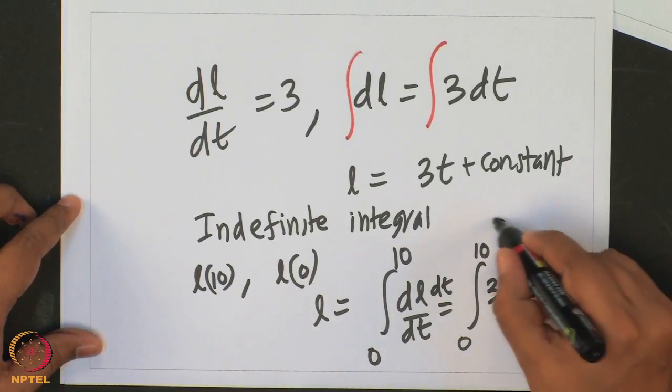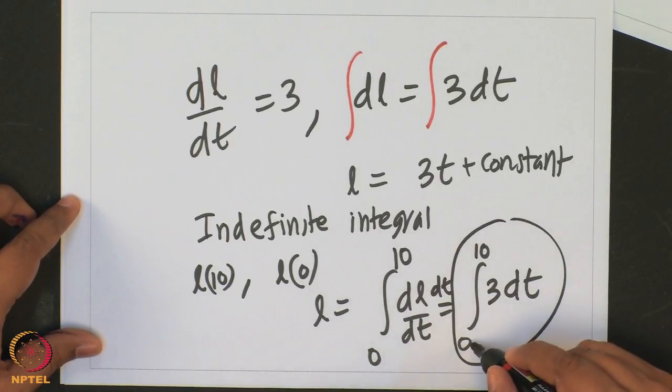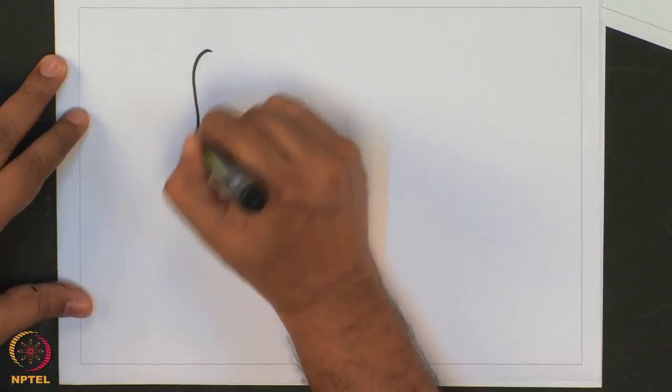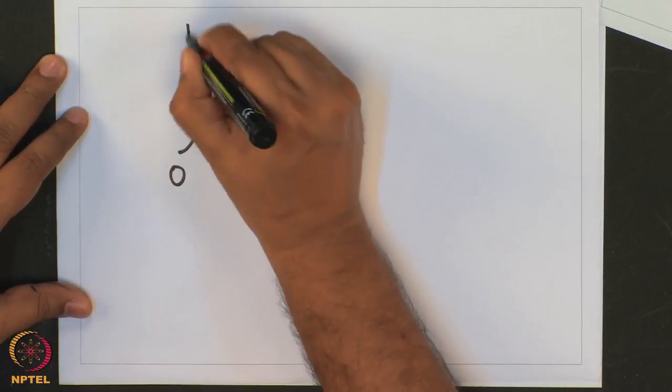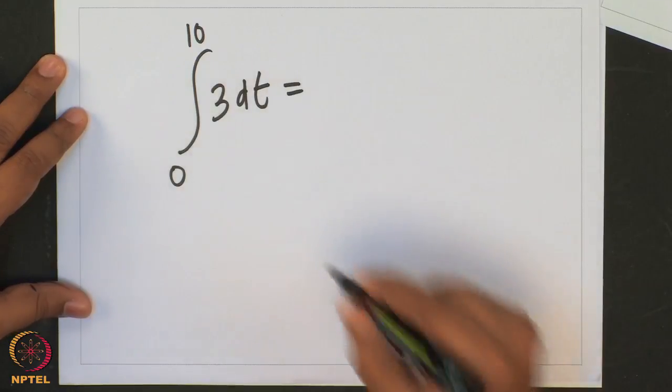This integral is called a definite integral because it has two limits. This is the lower limit, this is the upper limit. How we calculate this integral is an important point that one should remember. Let us do this slowly. We have the integral from 0 to 10 of 3 dt. This is what we want to calculate.